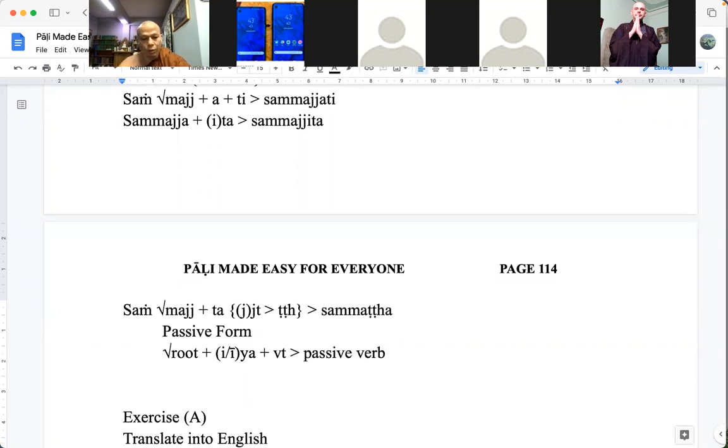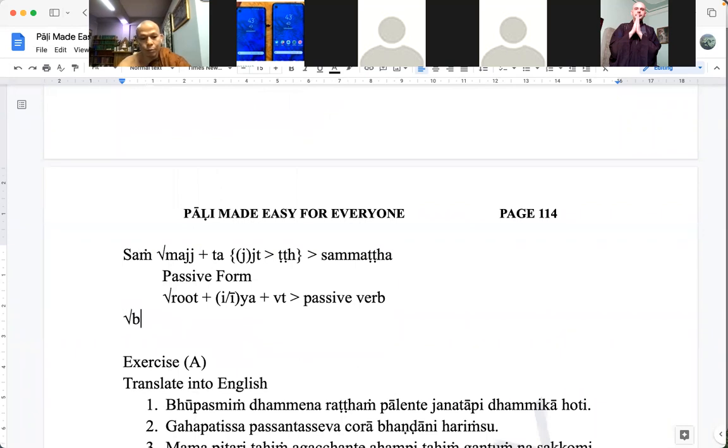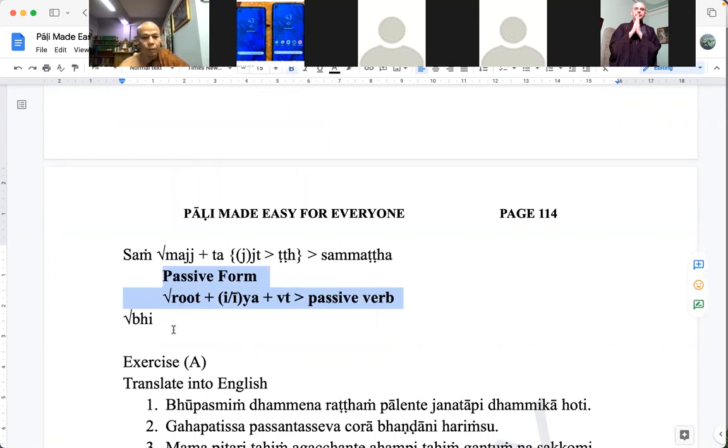Okay, so here, root bhid. Root bhid. The meaning of root bhid is to break. To break. But with the passive suffix ya, and then ti.